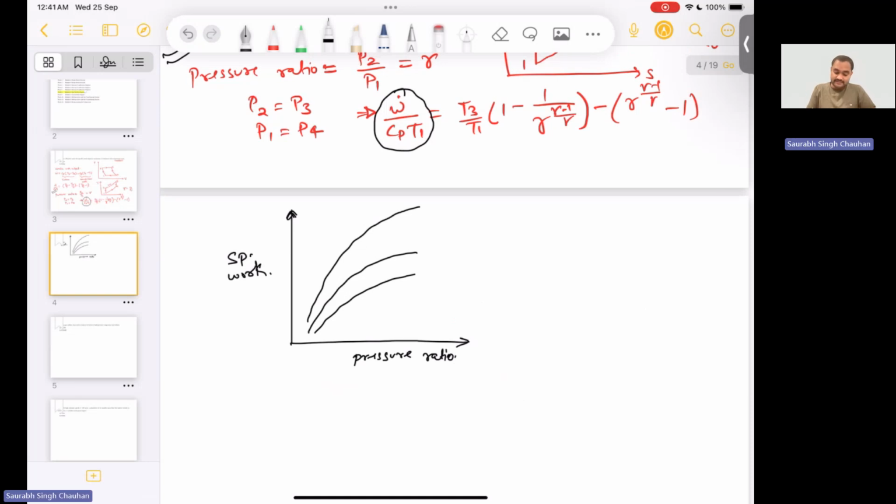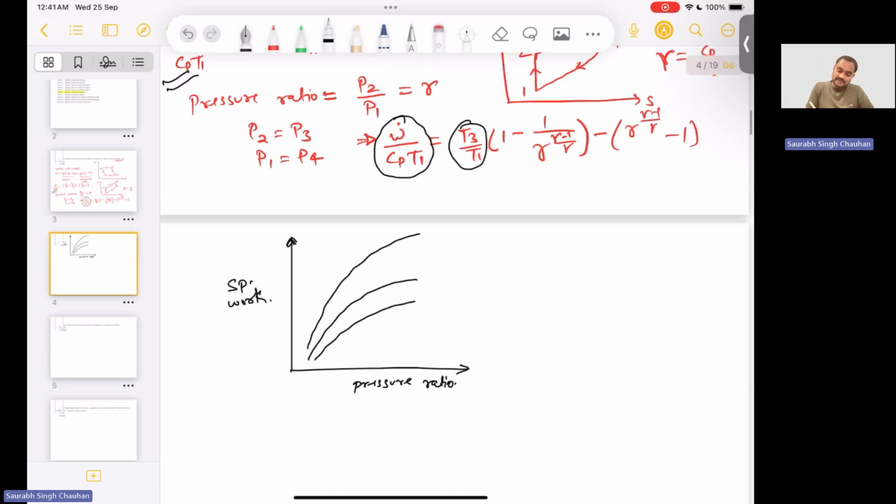We can see that specific work increases with increase in pressure ratio. So what are these different lines? These are basically the temperature ratios. T3 by T1, if we write it as small t, so this is t equal to 1, this is t equal to 2, it is 3, and so on.